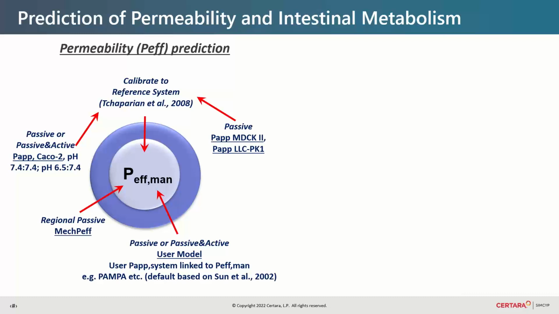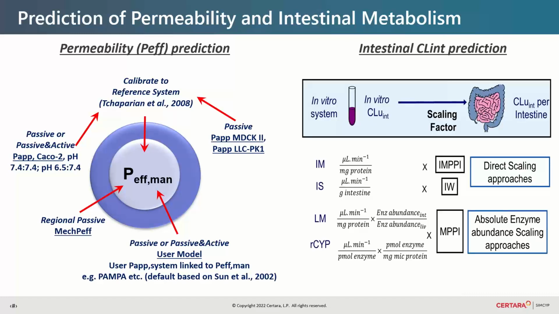And you can also define your own model for any system that you're interested in using. So there's quite a lot of flexibility in the ways to predict permeability. I guess the most common ones are to use the physicochemical data and the mechanistic permeability, or to use data from in vitro.